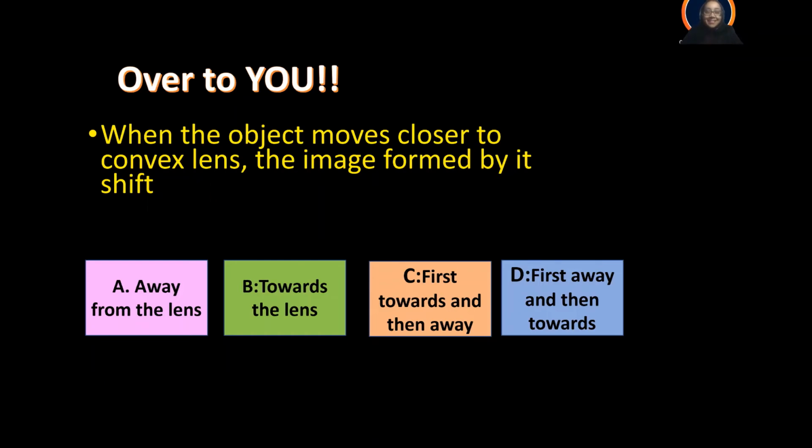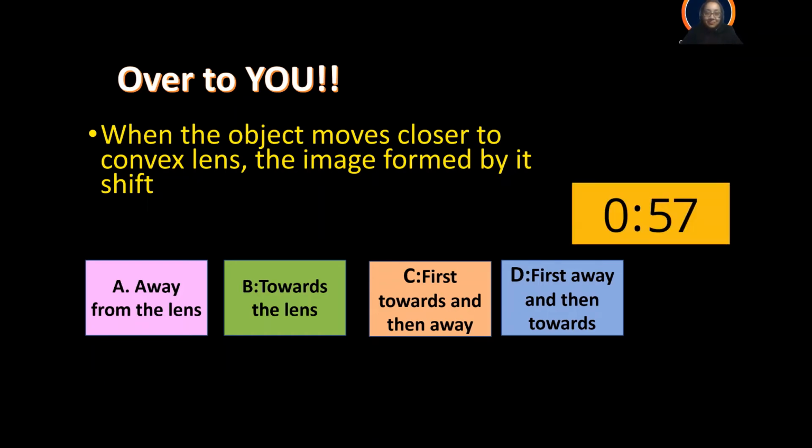And the correct answer is away from the lens. So once we move the object towards the lens for a convex lens, the image is moving away from the lens. Okay. Those who have answered it correctly, awesome, excellent.